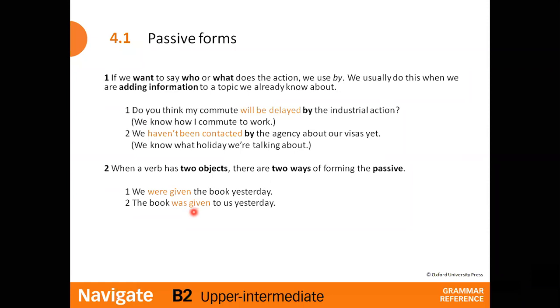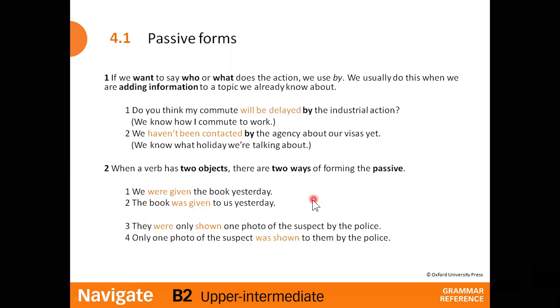For example, we were given the book yesterday. The book was given to us yesterday. So somebody gave us the book yesterday, and it's converted in this way. You can start with "we," or you can start with "the book." It depends.